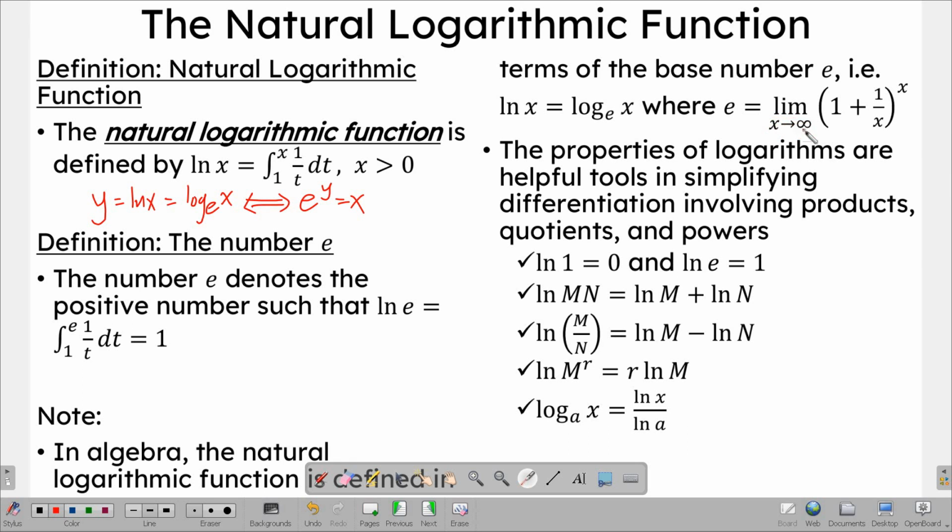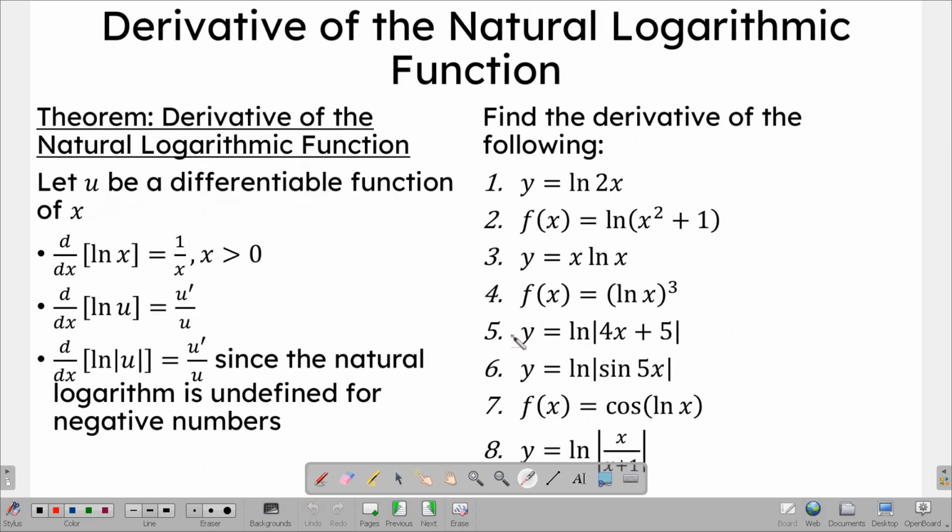This is just showing that there are different definitions depending on the branch of mathematics, but it's still referring to one and the same. Later on, these laws of logarithms that were discussed before will also be useful in finding our derivative.